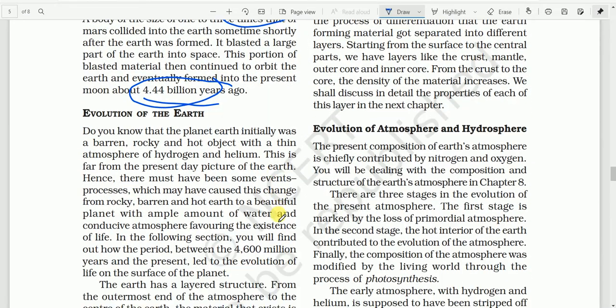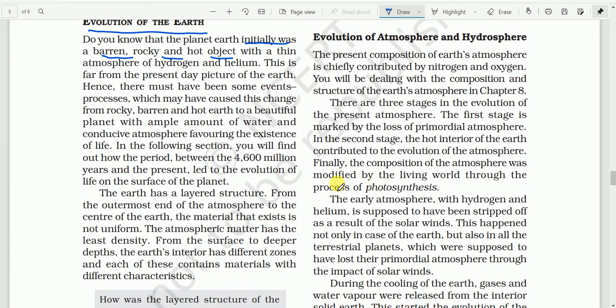Next we have the evolution of the Earth. You must know that our Earth was initially barren, rocky, and a hot object with a thin atmosphere of hydrogen and helium. That means the early Earth was very much bigger than the present day Earth, and it was in a volatile state also.